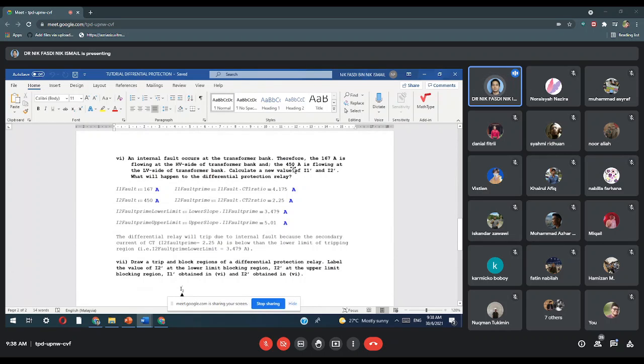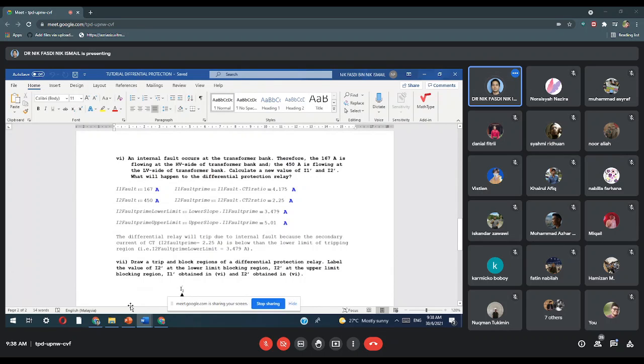Lower voltage is 450 amp flowing. Dia ada fault lah kan. Okay, fault kat sini high, low, 450. Alright. What happened to relay?